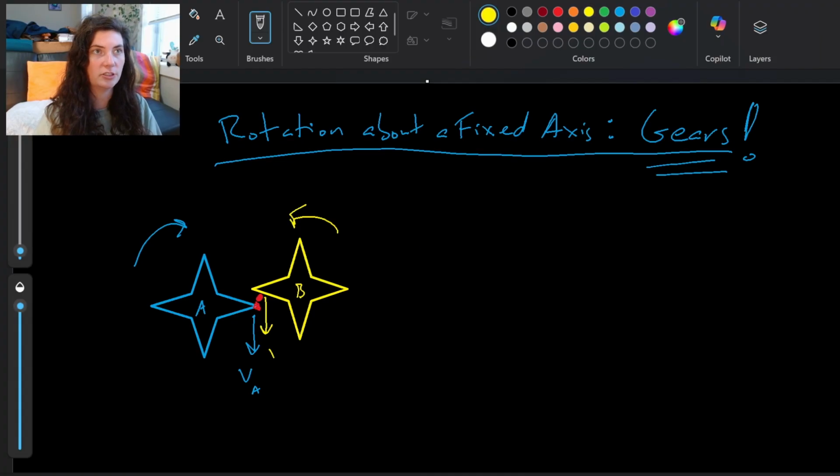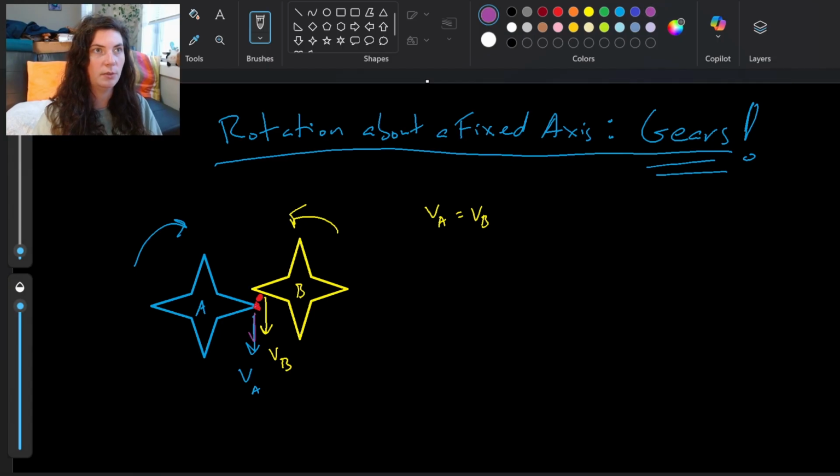Those velocities are the same. So our VA is going to equal VB. And likewise, those accelerations in the tangential direction are also going to be the same.